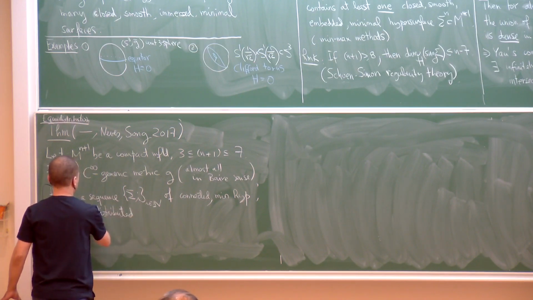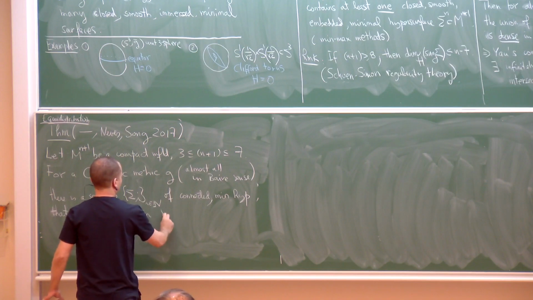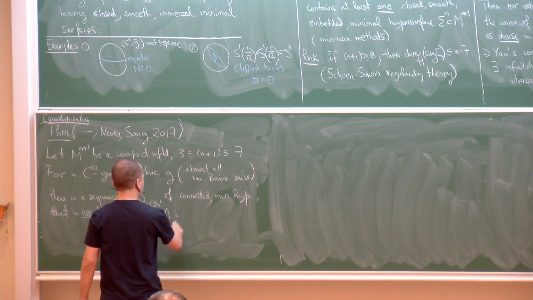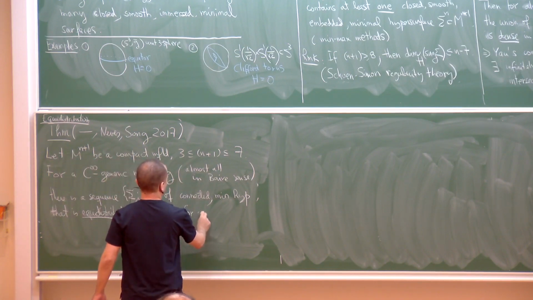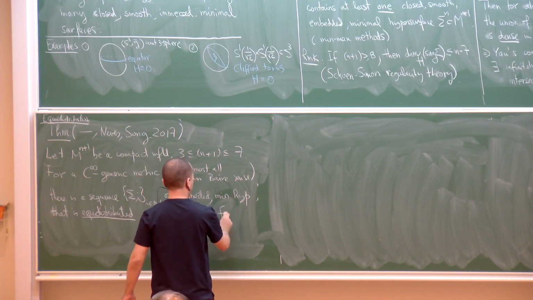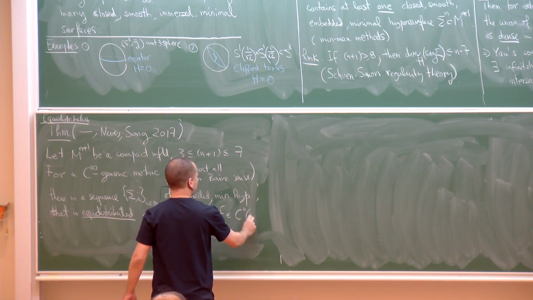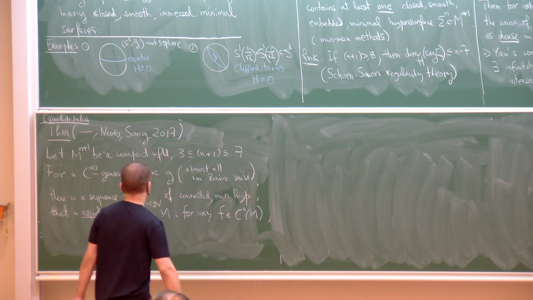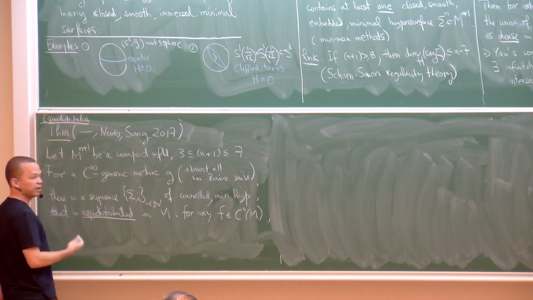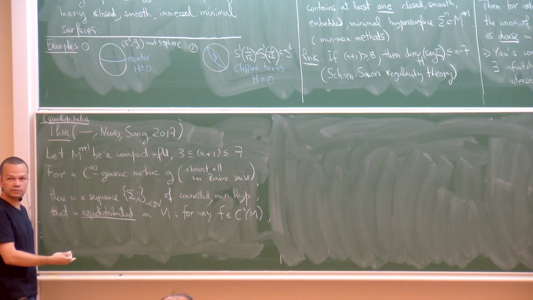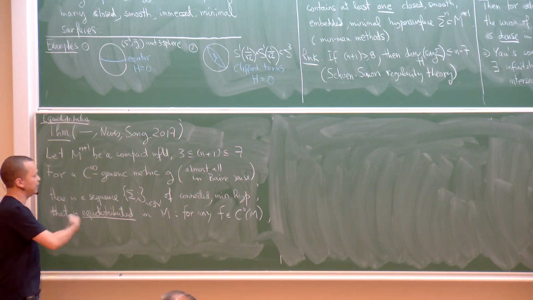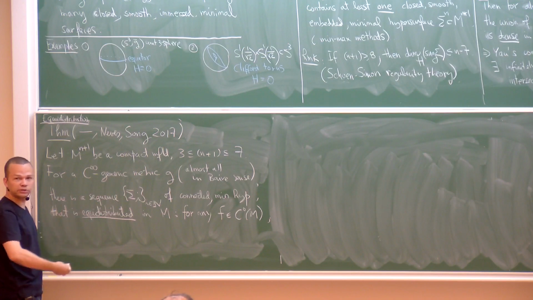Equidistributed in N. What that means is that for any continuous function f on the manifold, if I integrate my function on the surfaces, take the average and compute the limit, I will recover the global average of f.